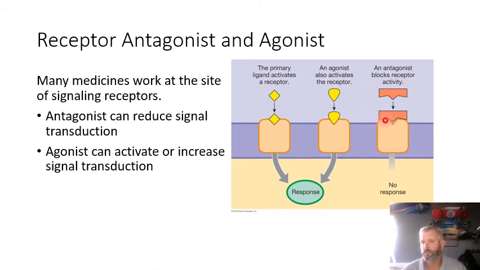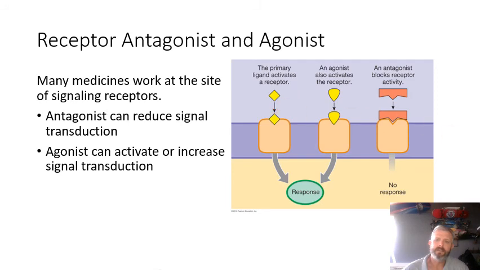There's a dopamine 2 antagonist that blocks the dopamine 2 receptor, and it will prevent hallucinations and delusions, because it's blocking that effect. In our lab today, you're going to be looking at either an agonist or an antagonist and how it might help treat cancer.